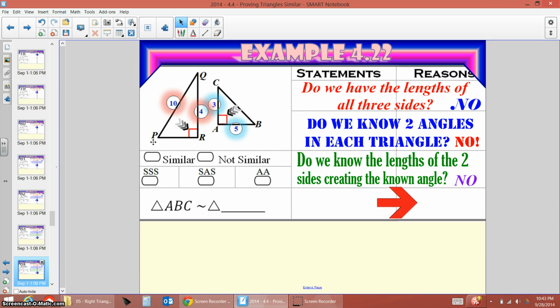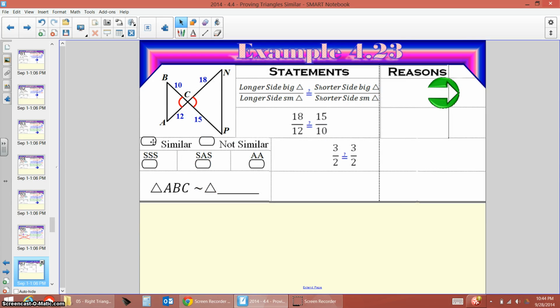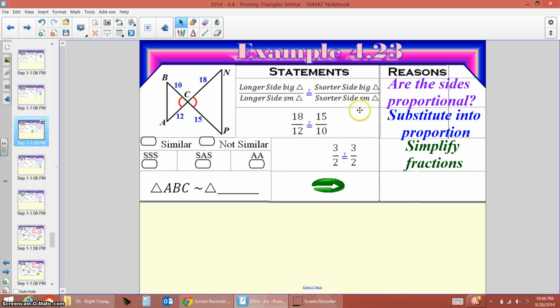So our final answer has to be not similar. So the triangles aren't similar. That's how you're going to handle these types of questions. You're going to have to be a master of geometry and figure out if they're similar or not.